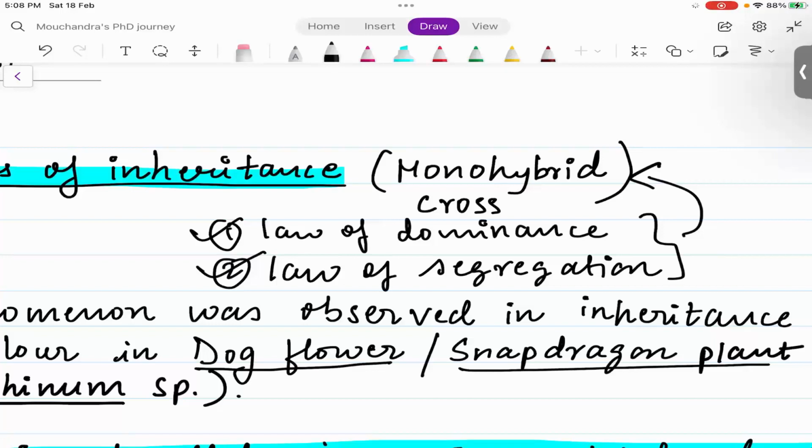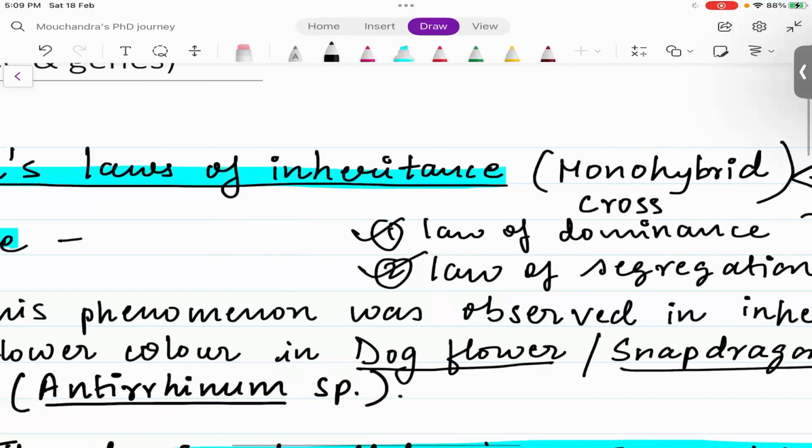Whereas law of segregation talks about how the two alleles get separated during gamete formation, right? So if the heterozygote condition is there, one type of allele will be present in 50% of the gametes, another type will be present in another 50%. And if it is homozygous, then all the gametes will have the same allele, right? So these are the two laws.